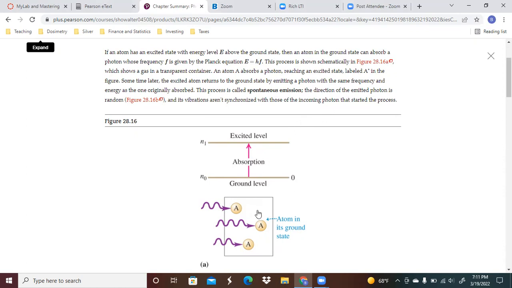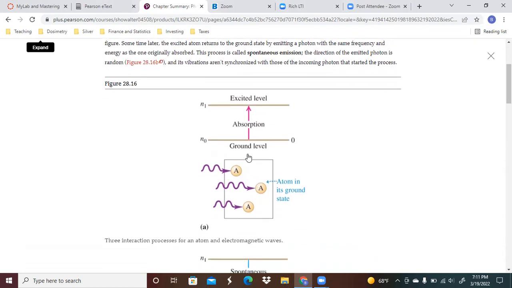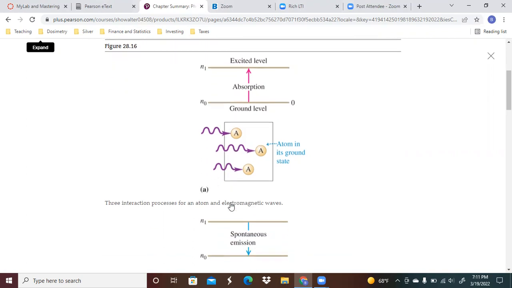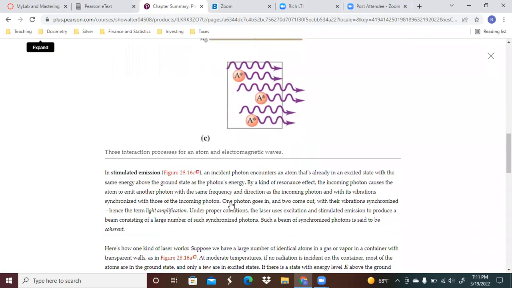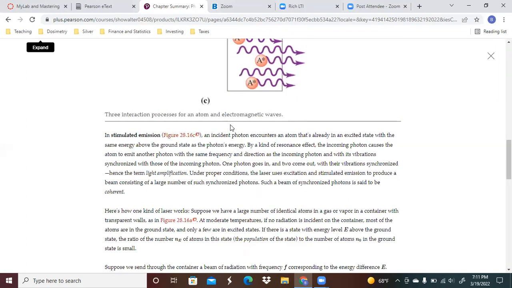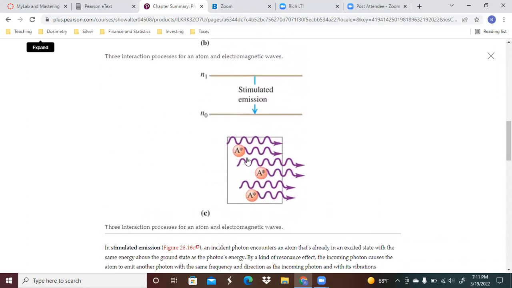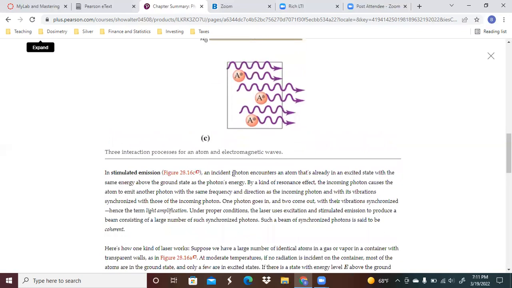So the direction of the emitted photon is random, and its vibrations are not synchronized with those of the incoming photon that started the process. In stimulated emission, an incident photon encounters an atom that's already in an excited state with the same energy above the ground state as the photon's energy.